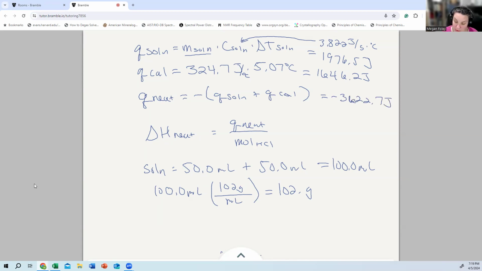That then can be taken and divided by our moles of HCl.